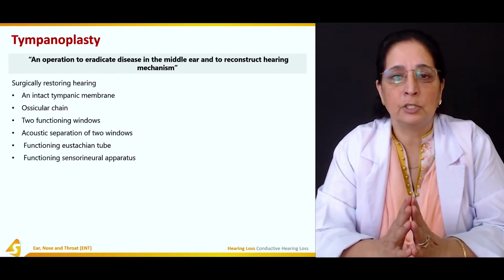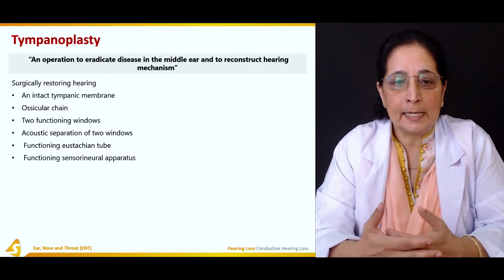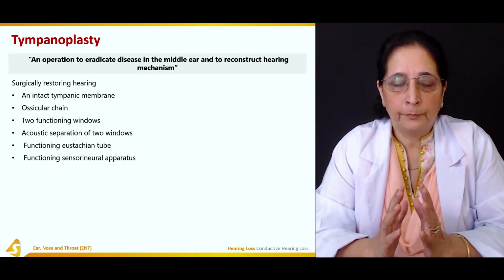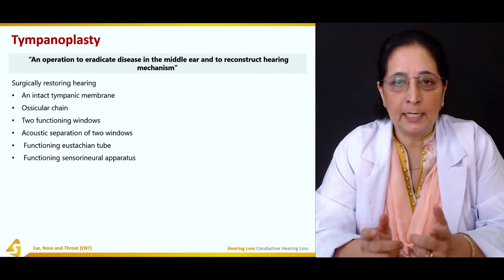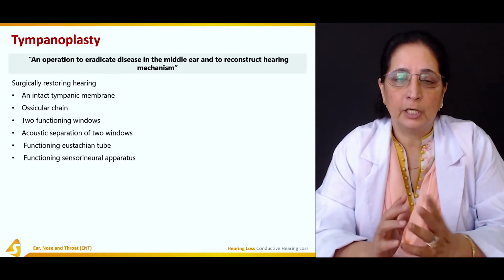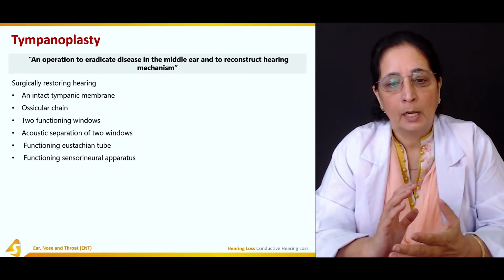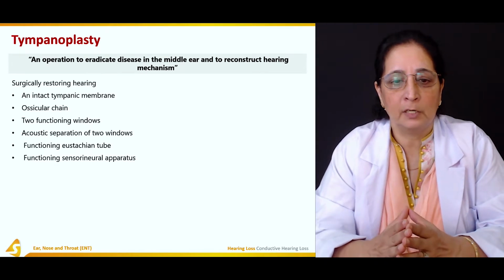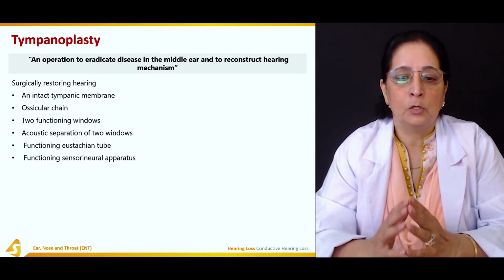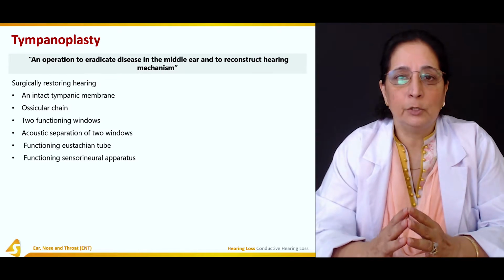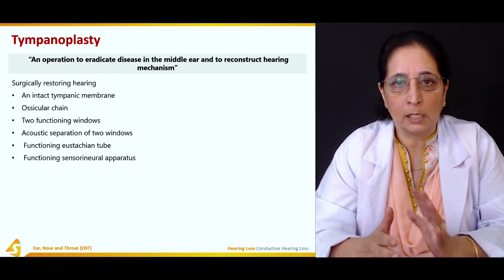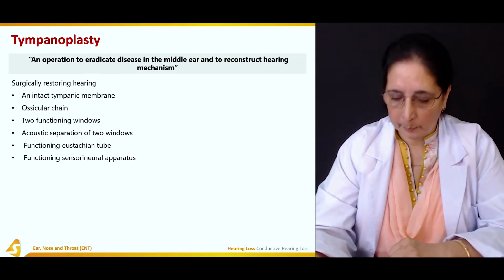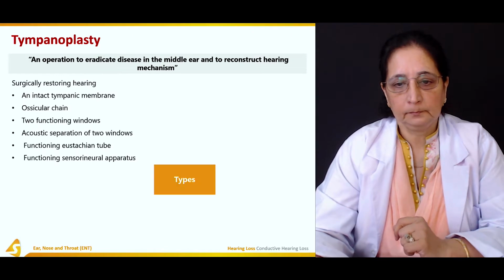This is the reconstruction of the hearing mechanism. We should have an intact tympanic membrane, a good functioning ossicular chain, 2 windows, the oval and round window, then separation between the 2 windows, a functioning eustachian tube, and a functioning sensorineural apparatus, which is the cochlea, cochlear duct, and nerves, all in proper functioning condition.